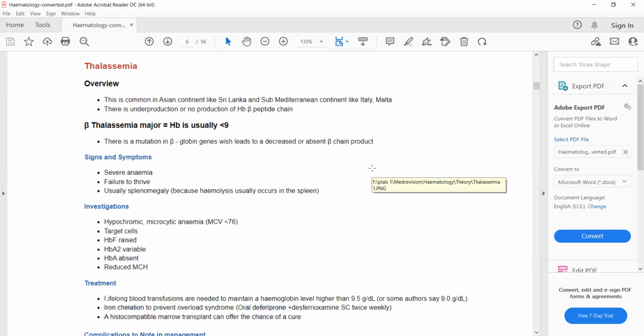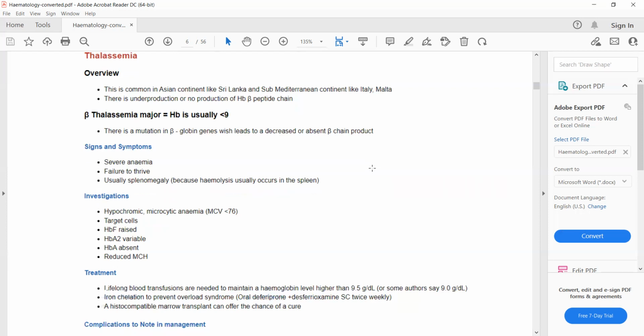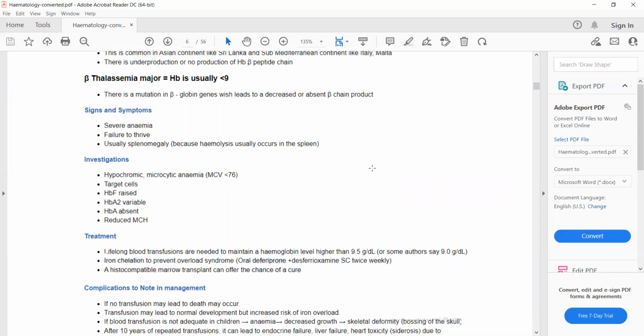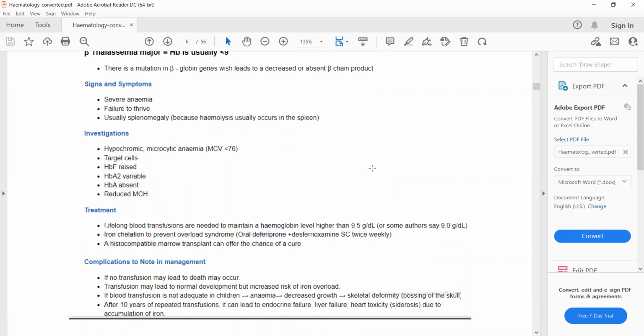So that's why the patient with thalassemia usually has splenomegaly and hepatomegaly, because of hemolysis of the abnormal beta globin chain containing RBCs. So severe anemia, failure to thrive, splenomegaly, and hepatomegaly are present in a patient with thalassemia. Again, it will cause hypochromic and microcytic anemia.